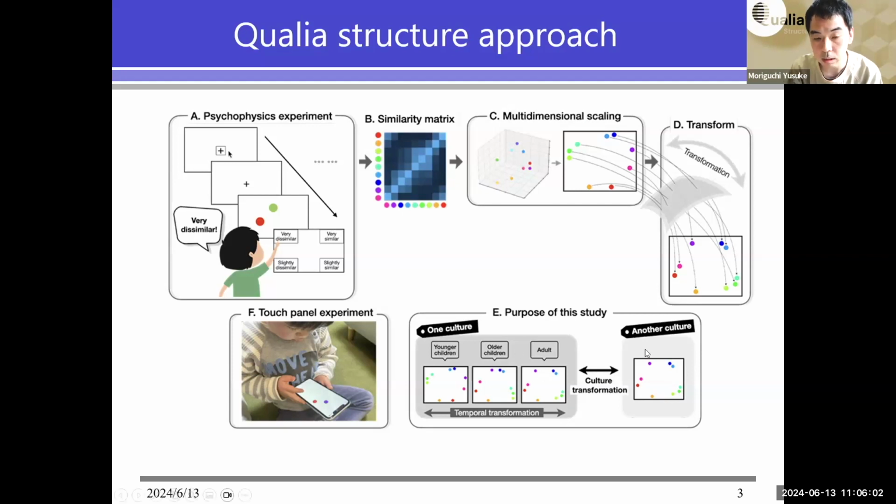So we compare the Qstr structure in different age groups, like young children, older children, and adults, as well as comparing the results of one culture to another. In Japan and China the results are very similar, so not a big difference, but anyhow, we included the cultural comparison as well.